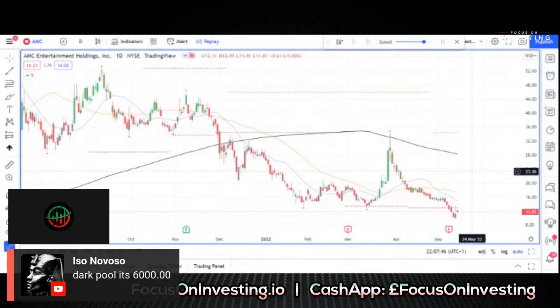I'm asking chat, what do you think? Would it be worth $11 or would it be worth $6,000? Let me see what the sentiment is. If somebody is selling something for $6,000, yet you can buy it on the open market for $11, what is the true value of the thing?